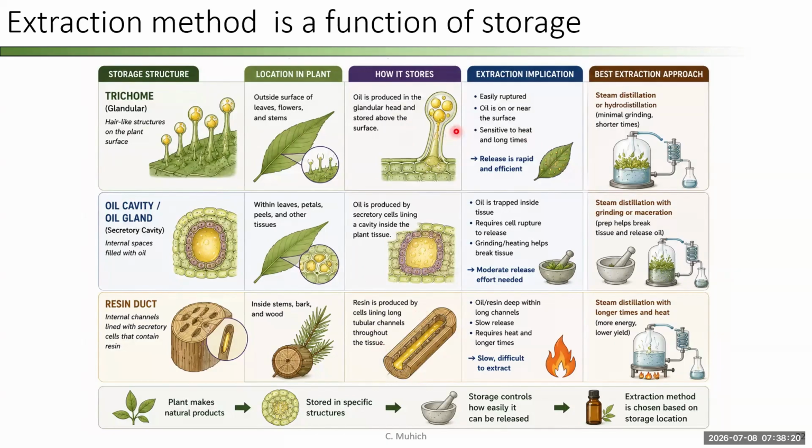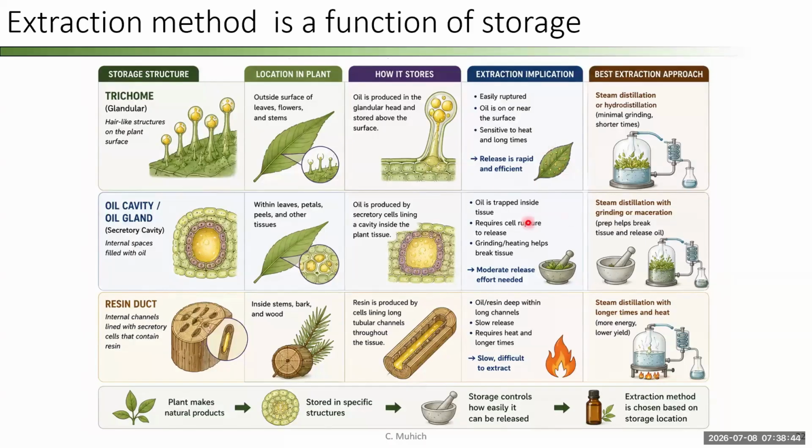So these trichomes are on the surface, and they're not heavily encased. So they're easily ruptured, and this means that we generally have efficient release and access to these compounds.